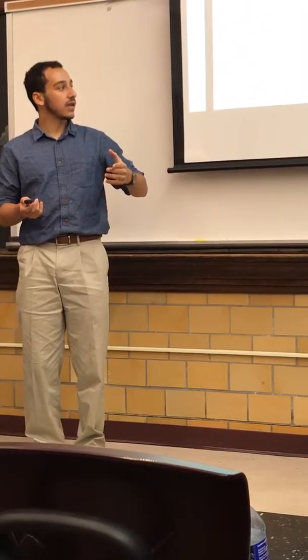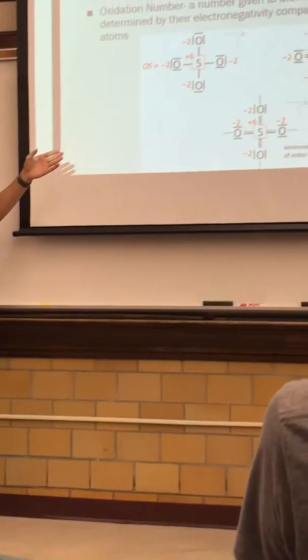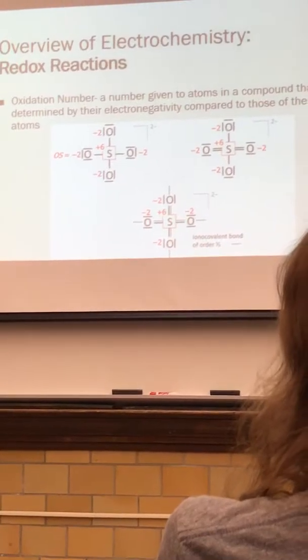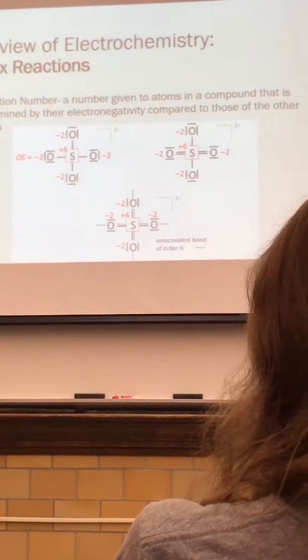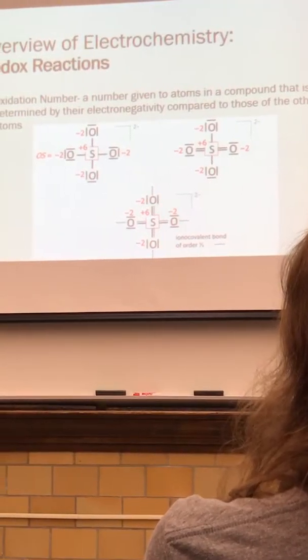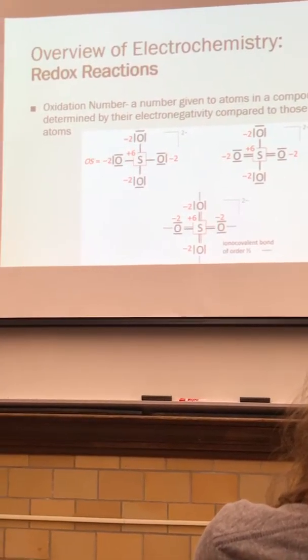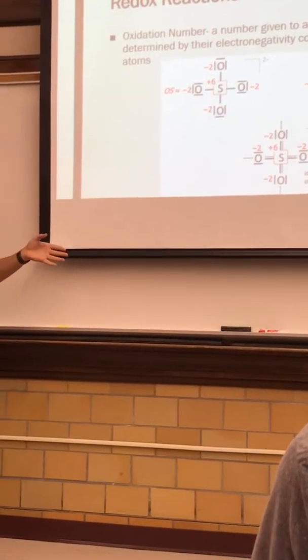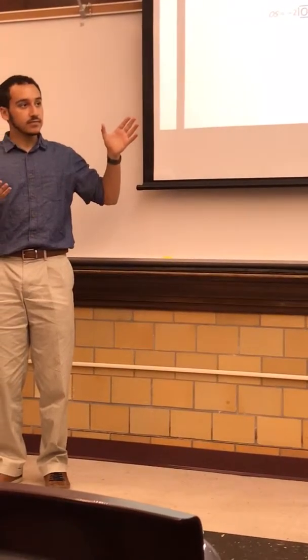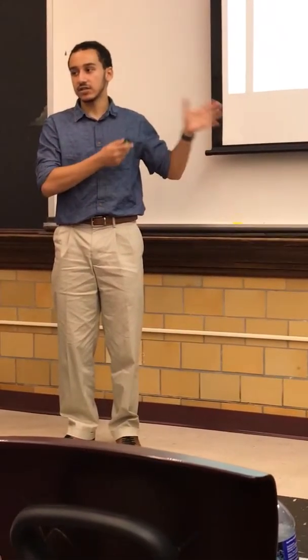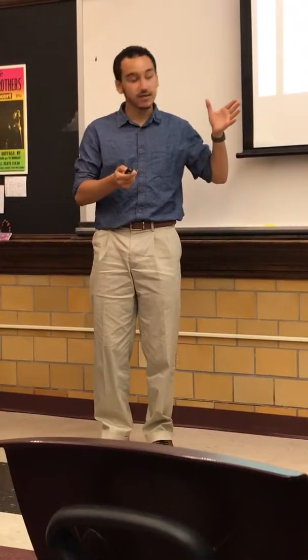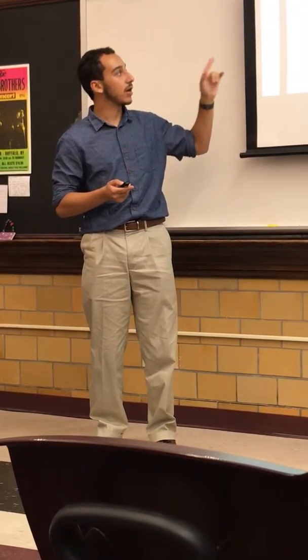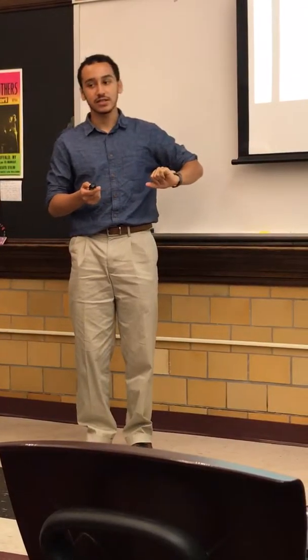In something like, as you can see here, this is the sulfate polyatomic ion, water as well, you see oxidation numbers. These are not necessarily ionic bonds, however, this is how we look at their differences in electronegativity. And this is important when you're talking about redox reactions.